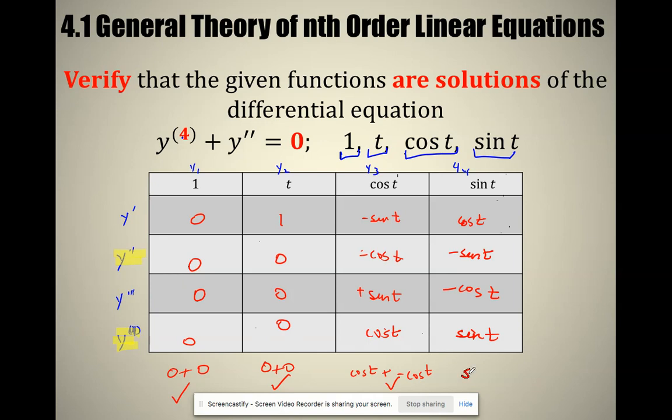Taking the fourth derivative and adding it to the second derivative, checks out. So yes, all of these solutions satisfy the given differential equation.